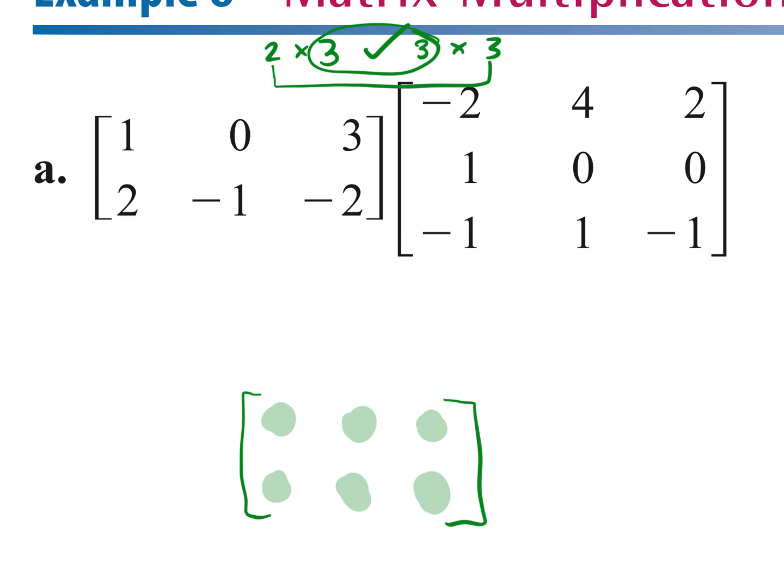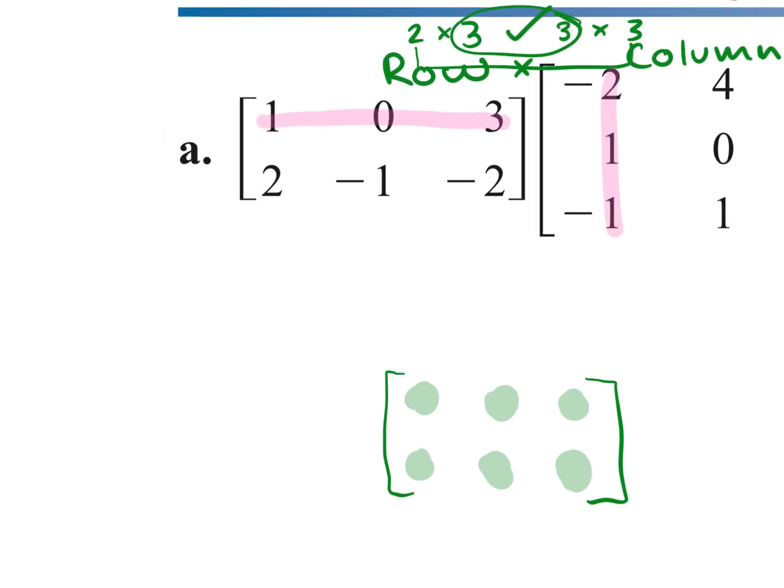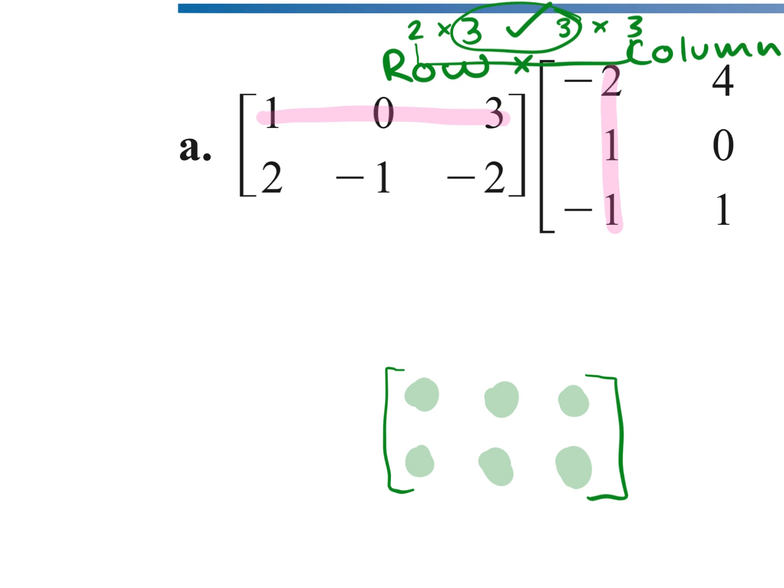And then remember, in the first matrix, we move in rows. The second matrix, we move in columns. So think row by column. So starting with the first row, first column. So here we've got 3 numbers. We're going to multiply the first times the first.